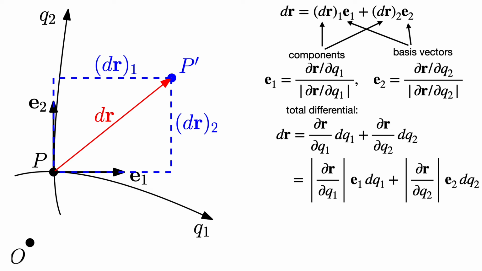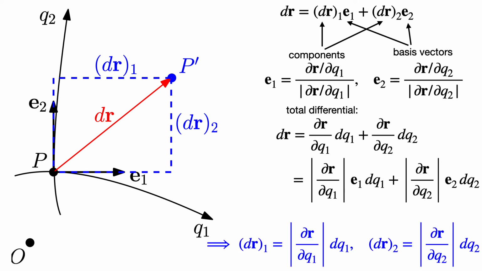So by comparing the 2 equations that we have for dr, the first equation being at the top where we split it into components, and the other equation being the bottom one here using its properties as a total differential, we see that dr1 is equal to the magnitude of dr by dq1 times dq1, and dr2 is equal to the magnitude of dr by dq2 times dq2.